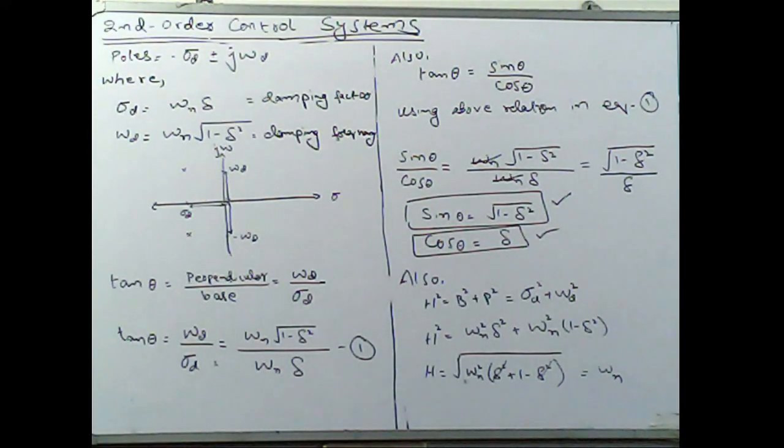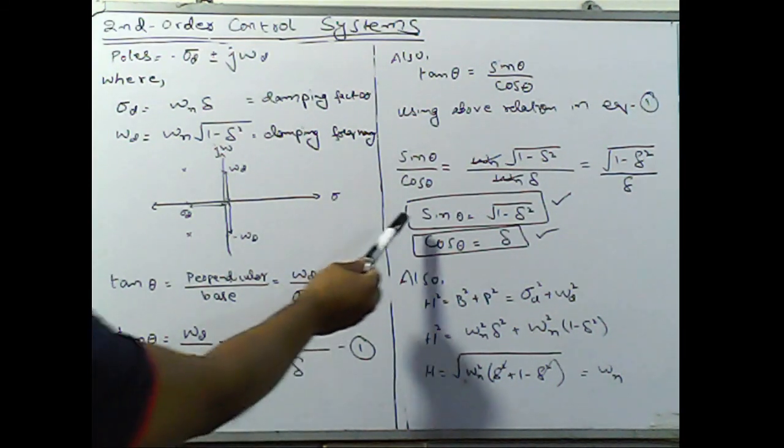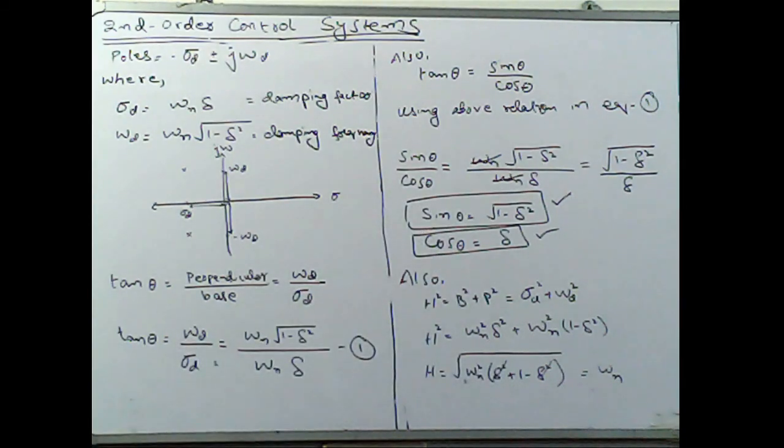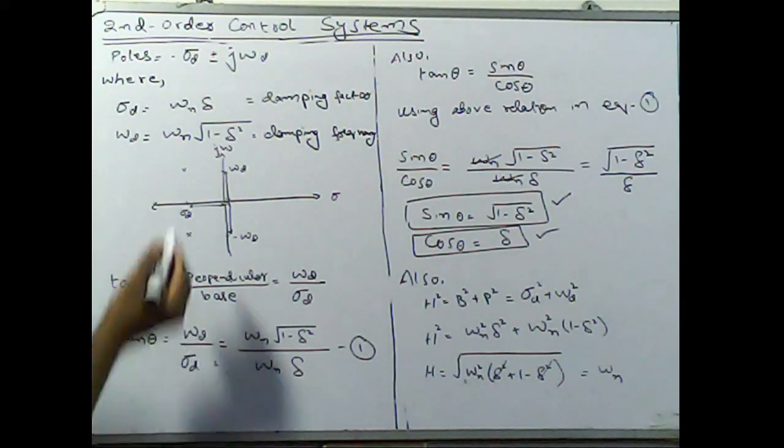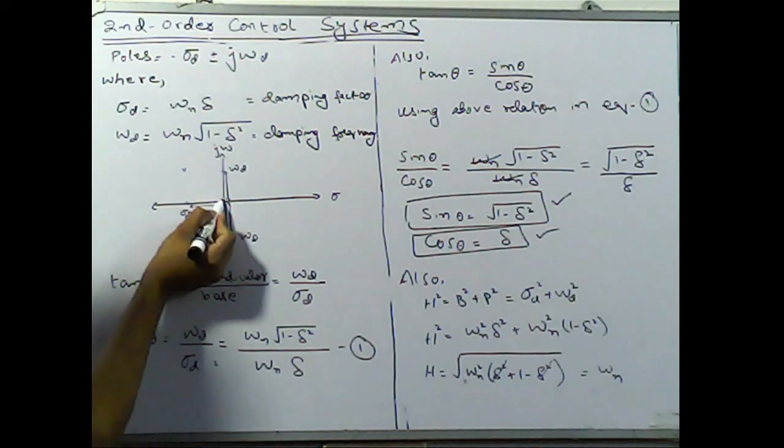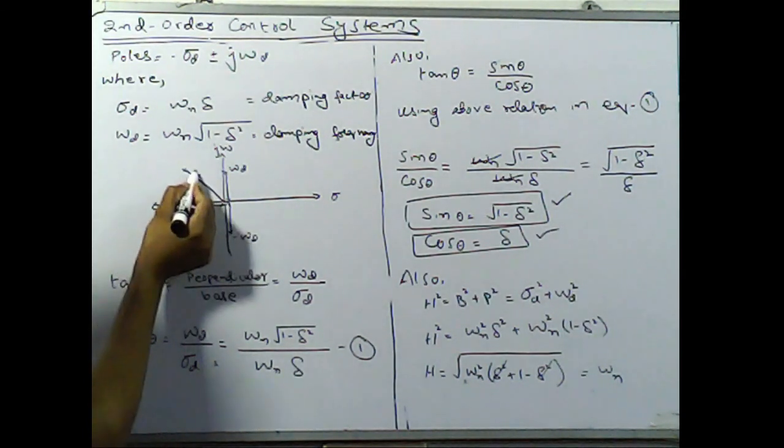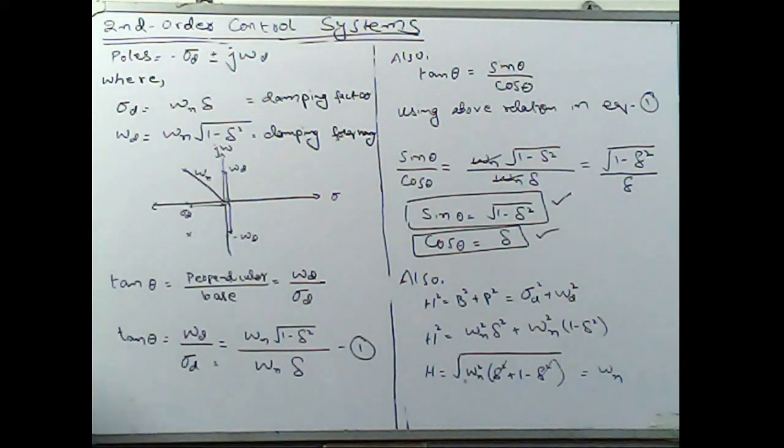So using these two equations, we can easily find out what is our angle theta, or if we know theta, we can find out zeta by using either of these two equations. Now let us find out what is omega n. We have already discussed that the distance from the origin to the pole is omega n.